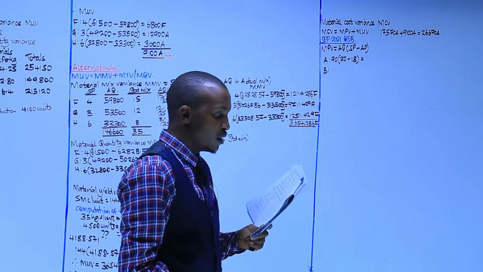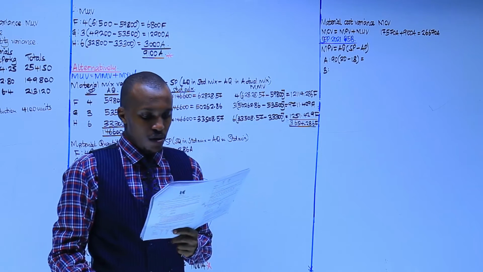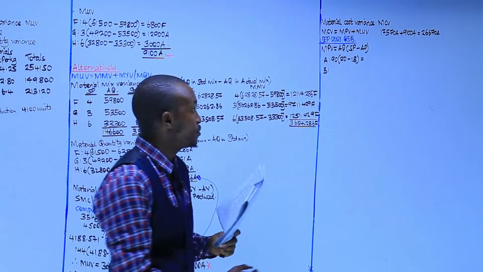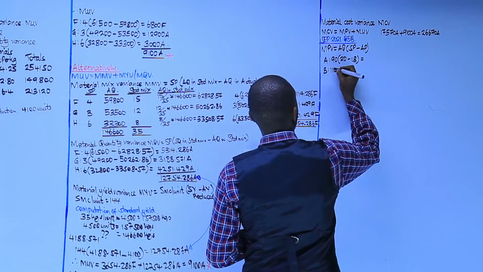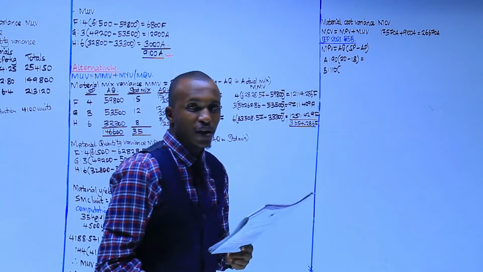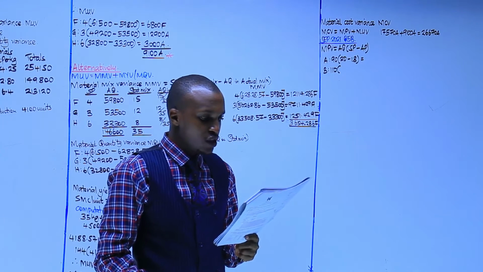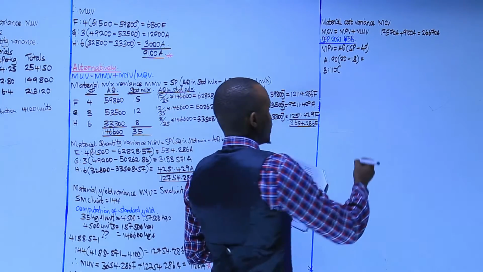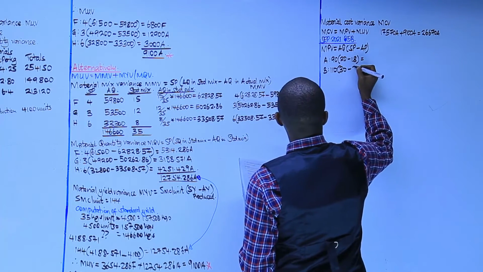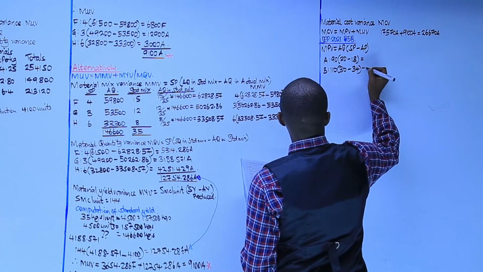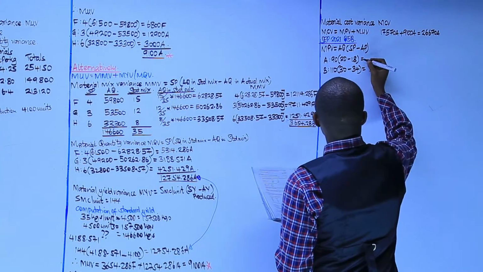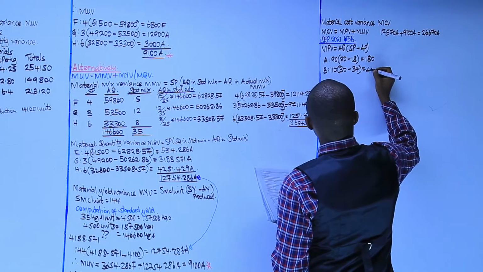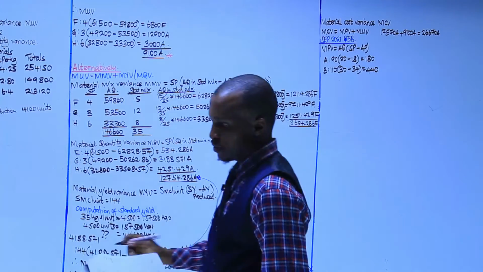For material B, your actual quantity was 110. Standard price per kg was 30 and your actual price per kg was 34. This must be 180, that must be 440.